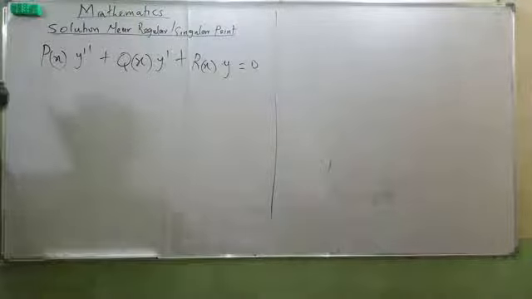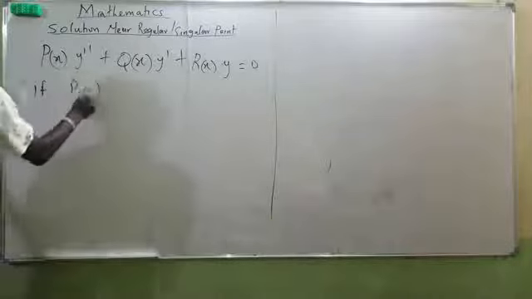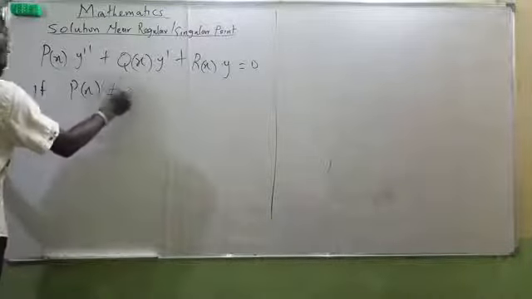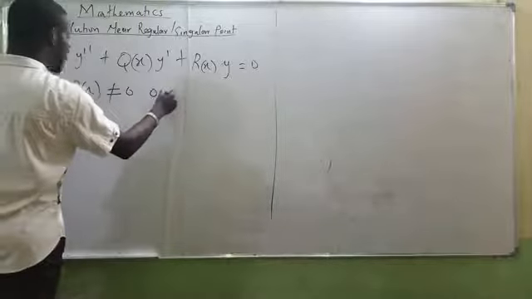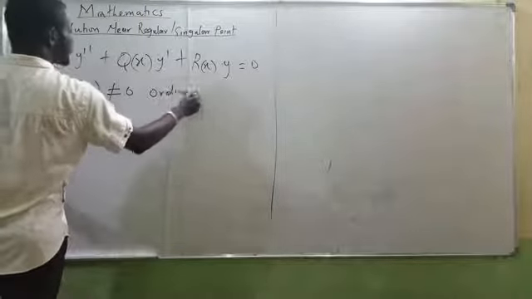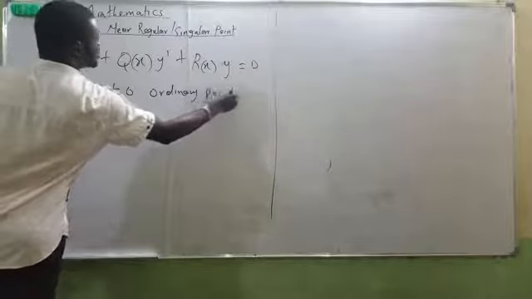Note, if P of x is not equal to 0, it is an ordinary point.